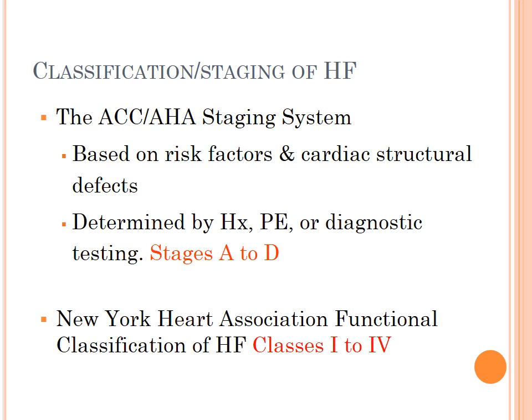And it is basically based on what are the risk factors and what are the structural defects, kind of like with the signs and symptoms. So a stage A patient is high risk but has no structural disorder. Your stage B patient has structural disorders of the heart but has never had any symptoms. Your C is past or current symptoms, but they don't have underlying structural heart disease. And then your stage D patient is at end stage, okay?